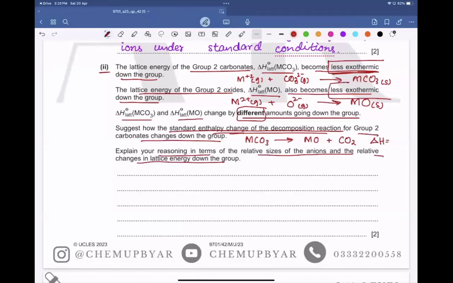So on the basis of this, if you see, as we move down the group, the thermal stability increases. And if the thermal stability increases, it means these enthalpy change reactions become more endothermic, the more energy it needs, right?